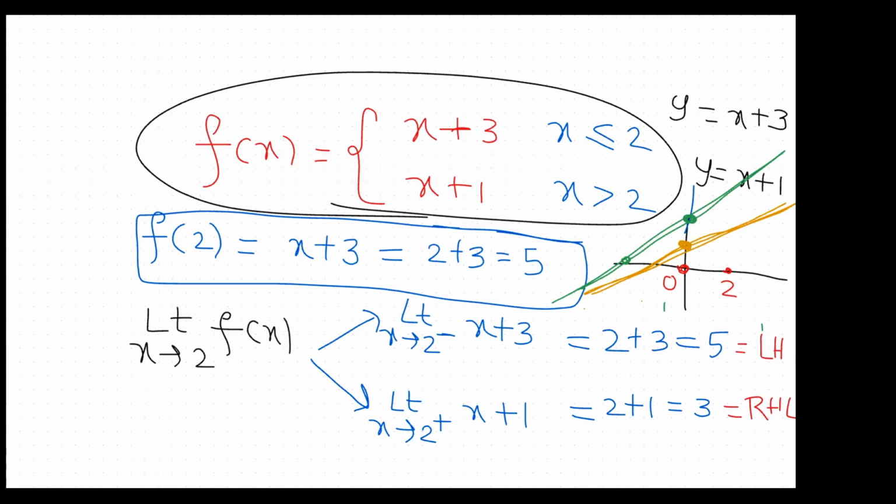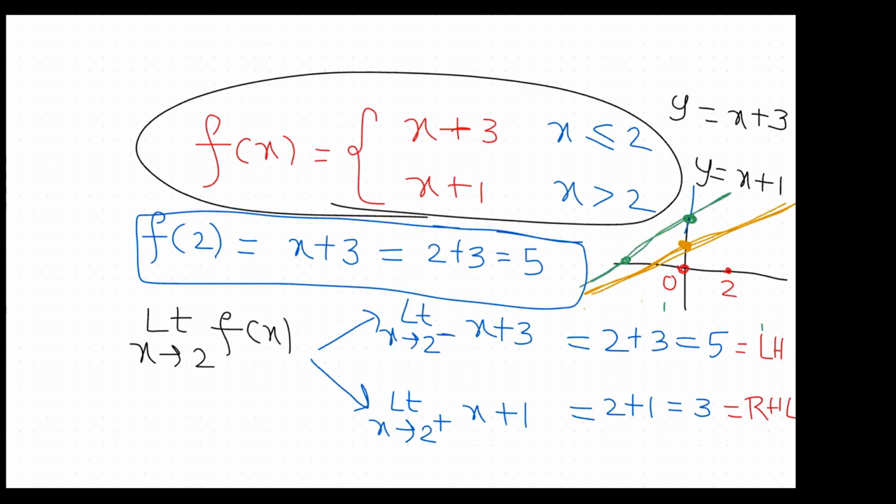I should draw this green line till point 2 only. After 2 you should not draw. At point 2 you need to stop the green line. You can't extend it.